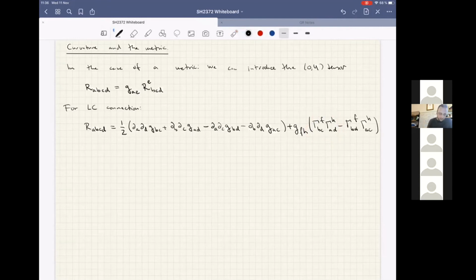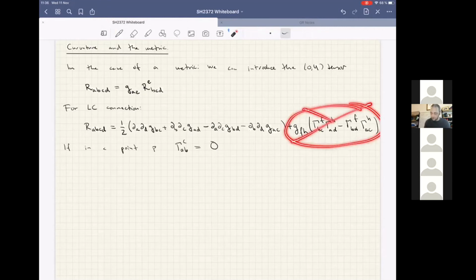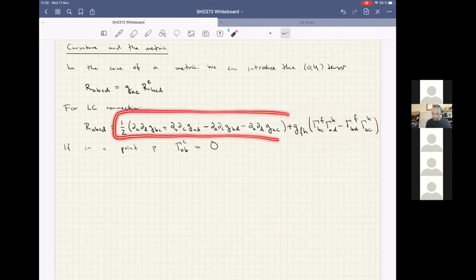If at a point P, gamma^A_BC is equal to 0, so all the Christoffel symbols at that point are 0, then of course the gamma terms go away, and you're left with the curvature tensor being given by the second derivatives of the metric tensor in those coordinates.